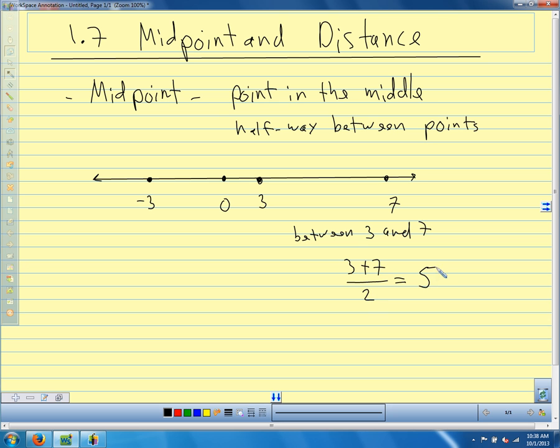Divided by 2, I get the point 5. I know my number line isn't to scale, but we would get 5. So halfway between those two is the point 5. We add them together and divide by 2. We're finding the average.